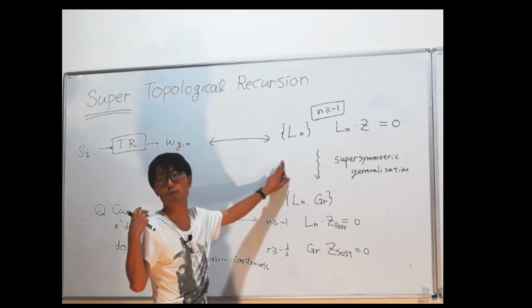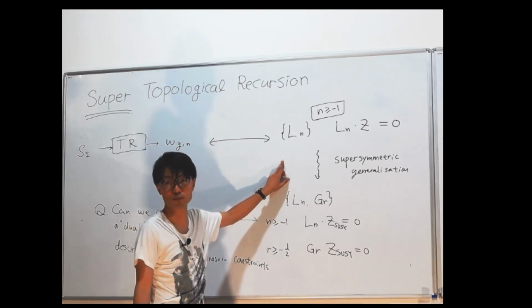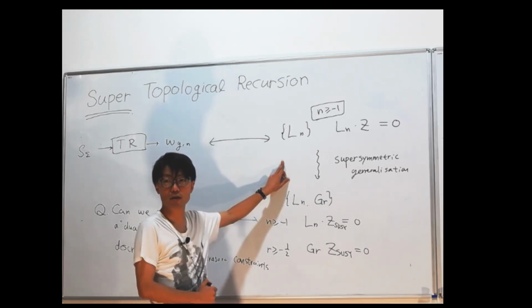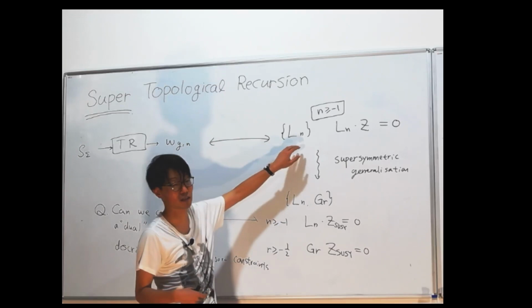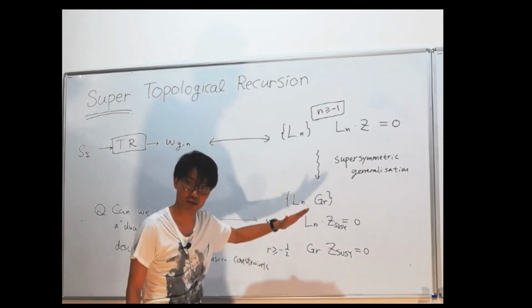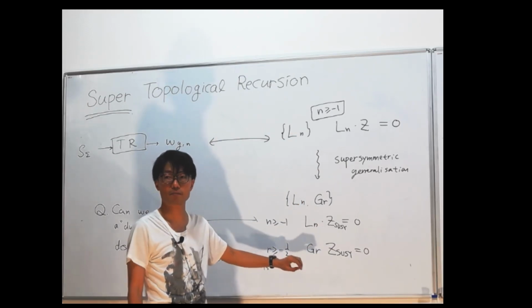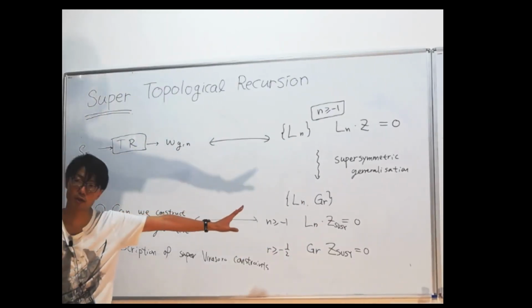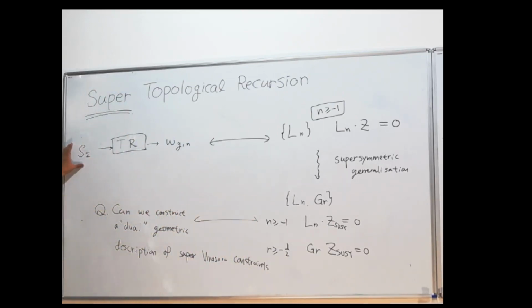When people say super, you actually have to understand what they mean by super. What I mean by super is that the Virasoro constraints are now super generalized. But this doesn't mean that I start with a Riemann surface and generalize to a super Riemann surface.